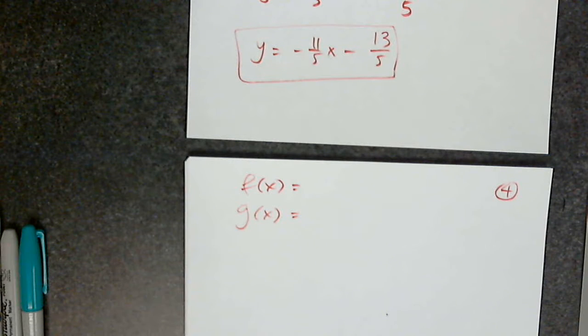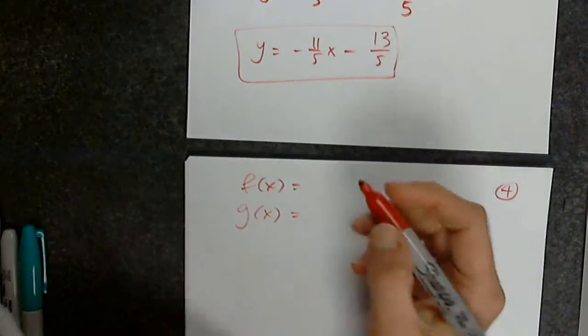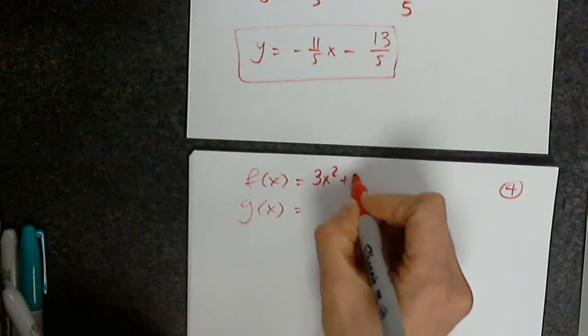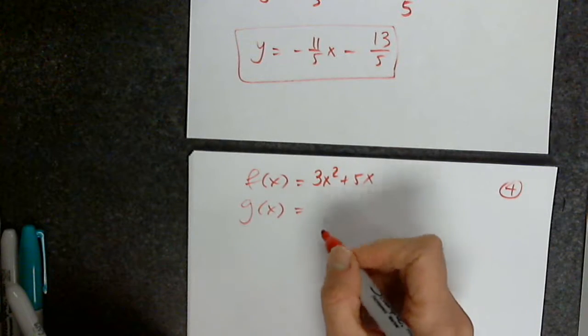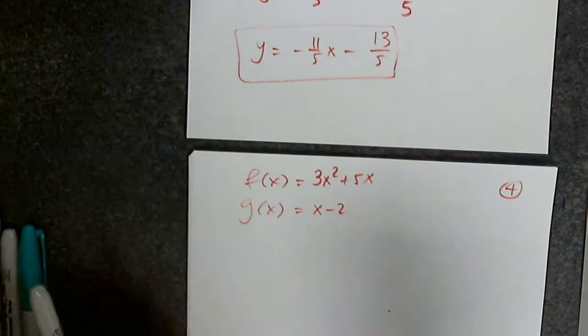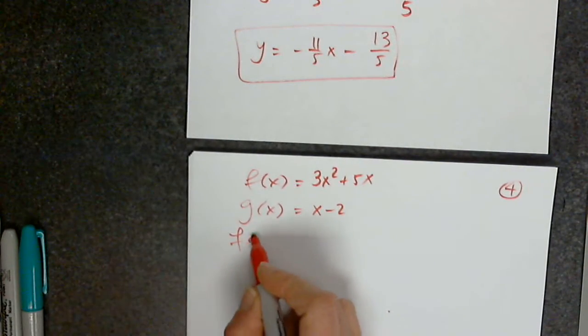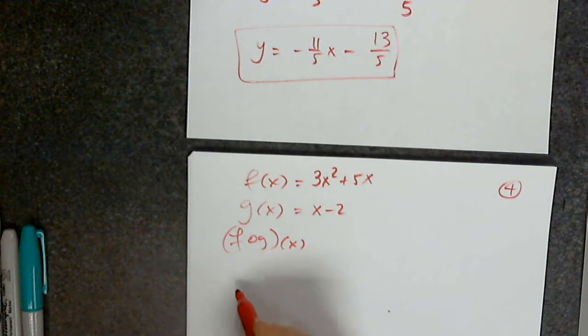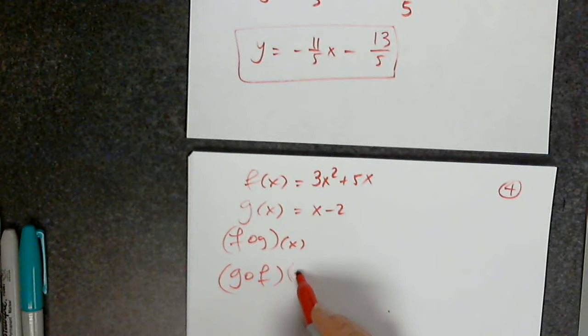Any functions, please? If you don't want to choose, I will. Okay, so f of x is 3x squared plus 5x, and g of x is x minus 2. We want to determine f comp g of x and g comp f of 3.